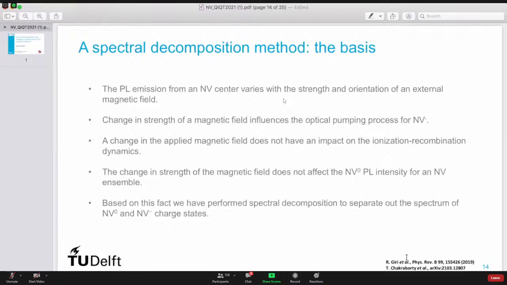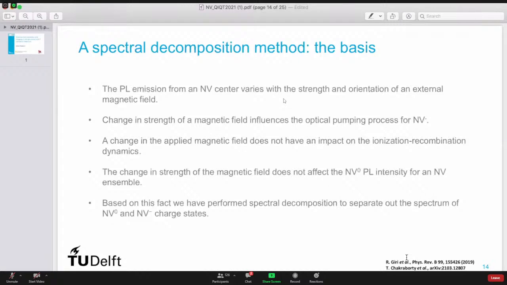If there is more population in the MS equals plus and minus 1 levels, there is a probability that this population gets excited to the excited state and then comes back to the ground state through a non-radiative pathway. So with an enhancement in magnetic field, there is a decay in the fluorescence. This redistribution of population among all the Zeeman levels, the electronic spin levels, is called spin mixing.